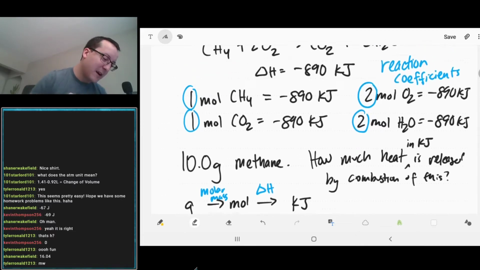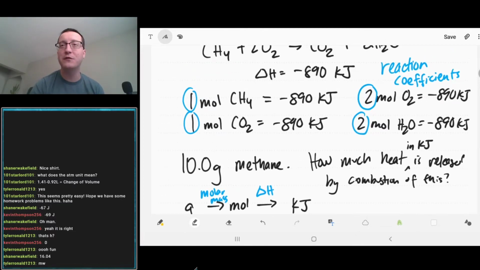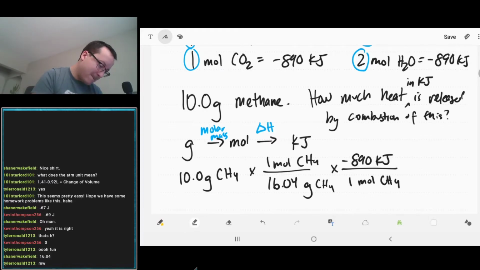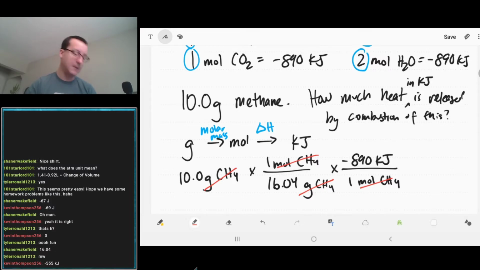So now let's go ahead and look up. Since the reaction coefficient for methane was 1, that tells us 1 mole of methane is equal to the delta H. So again, as always, units should cancel out.